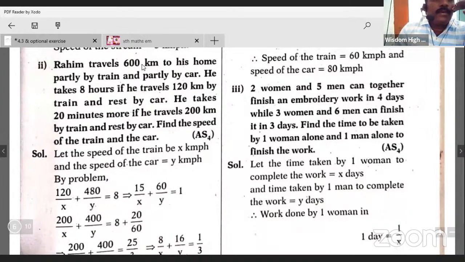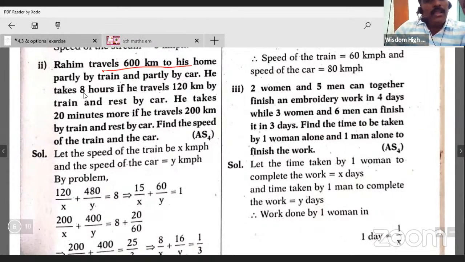Ryan travels a total of 600 kilometers, by train and by car, so two cases will arise. First case, he travels 120 kilometers by train, and the rest of the distance by car. The total took 8 hours.